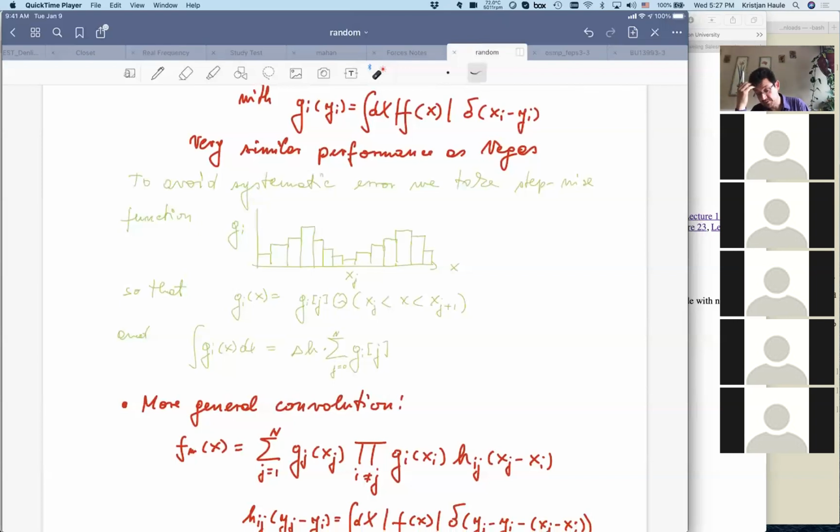Therefore, it's a good idea to avoid systematic error by using functions which you can exactly represent on a computer. One of those functions is just a stepwise function. Of course, we could also use a function which is exactly linear or exactly quadratic, but stepwise is the obvious choice. So we choose this gi to be a stepwise function.